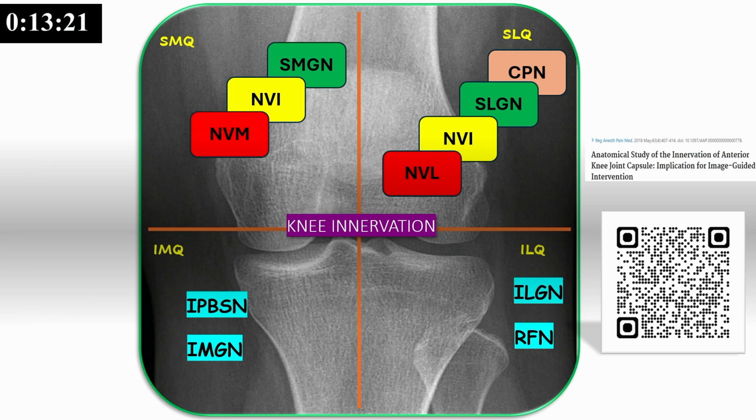About the supralateral quadrant, there are 4 nerves from anterior to posterior: the nerve to vastus lateralis, the nerve to vastus intermedius, the supralateral genicular nerve and branches from the common peroneal. What about the inframedial quadrant? From superior to inferior, it's the infrapatellar branch of the saphenous nerve and the inframedial genicular nerve, and the infralateral quadrant is supplied by the infralateral genicular nerve and the recurrent fibular nerve.